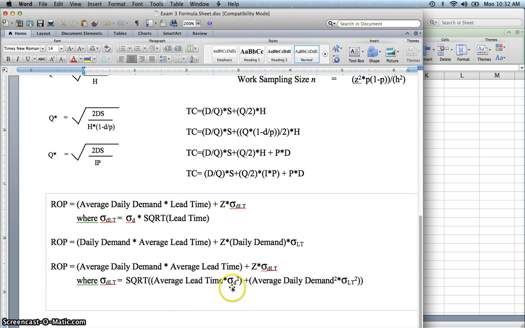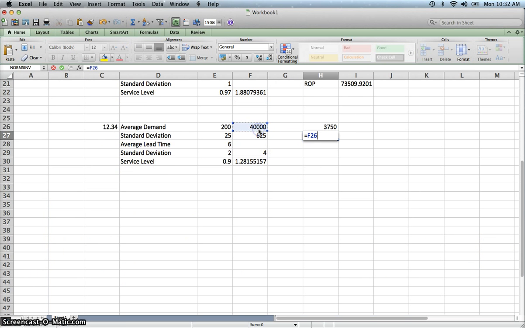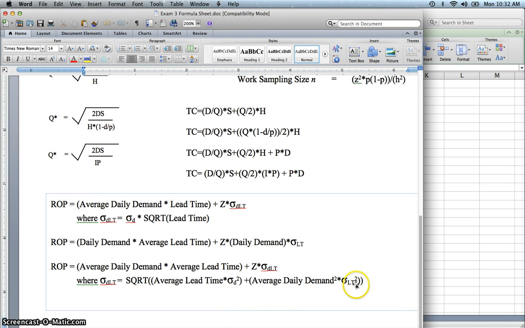Average lead time times the standard deviation squared. Then we'll take the average daily demand squared times, in this case, the standard deviation lead time squared, and that will give us this part of the equation here.